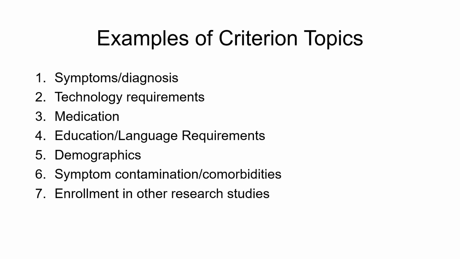Examples of criterion topics are symptoms or diagnosis, either a medical condition diagnosed by a healthcare provider or certain symptoms of a diagnosis which a patient must have been dealing with for a specified amount of time. Technology requirements: say if you are having participants use an application that is only available on Apple or Android phones, you must state that the participants must be Apple or Android users.